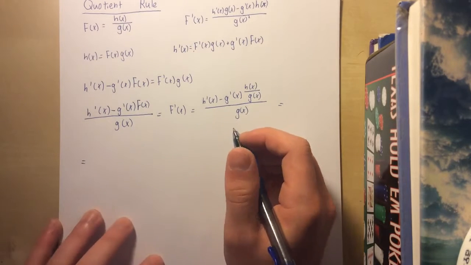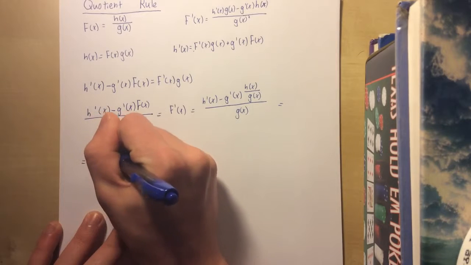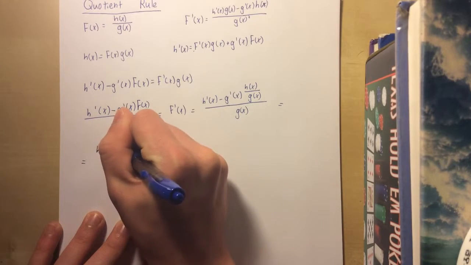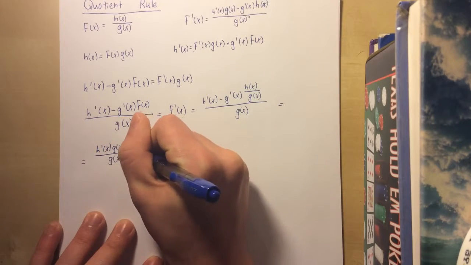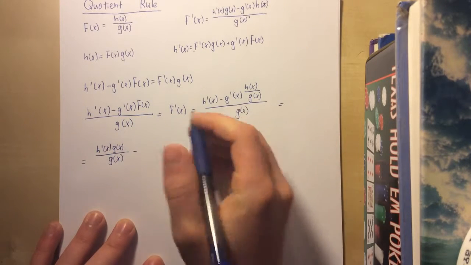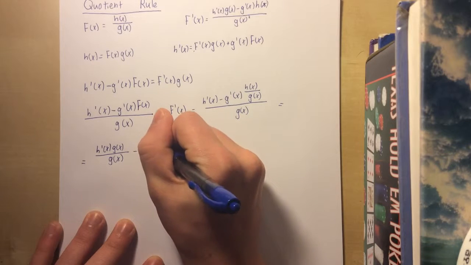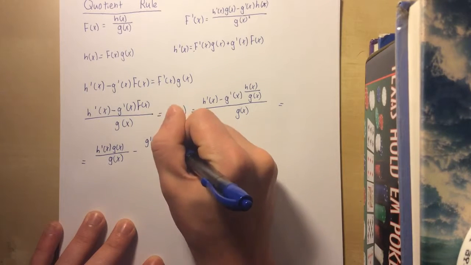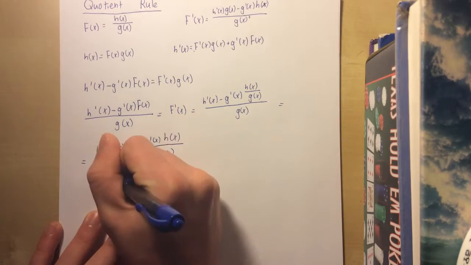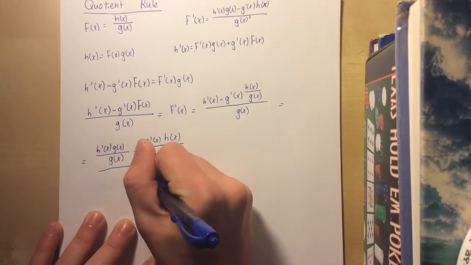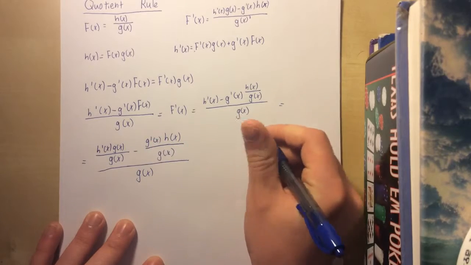So what we're going to get is h prime of x times g of x over g of x. And we're going to subtract this term, which is g prime of x on top times an h of x on top, all over g of x. Divide that whole thing by this g of x right there.